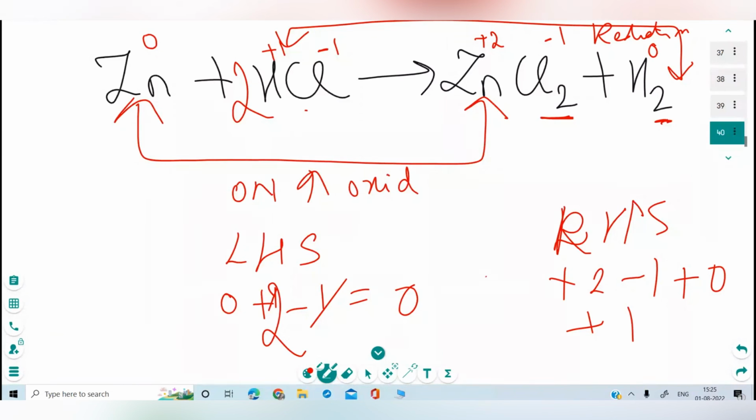And chlorine will be -1 only. Here you are not increasing the charge.